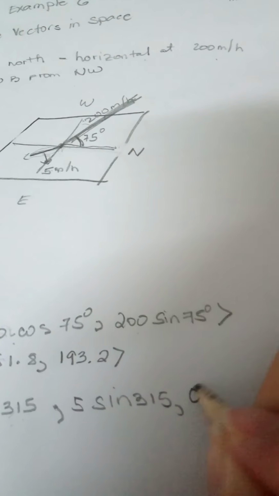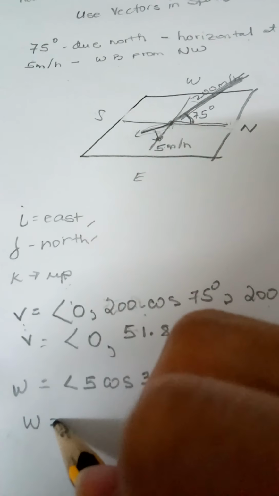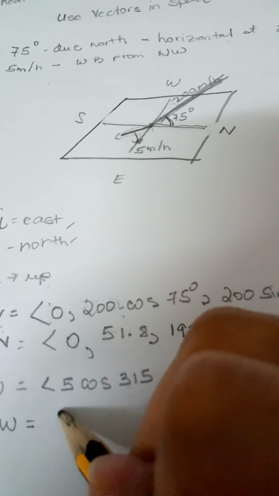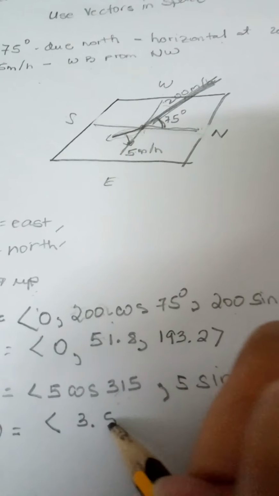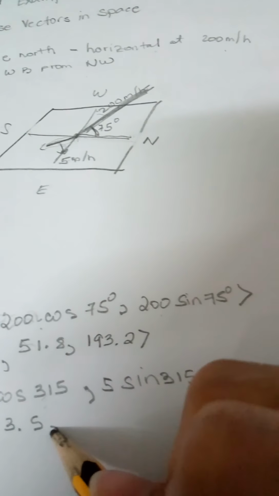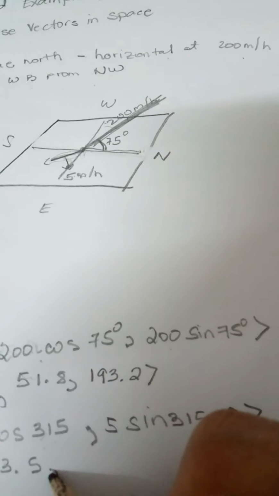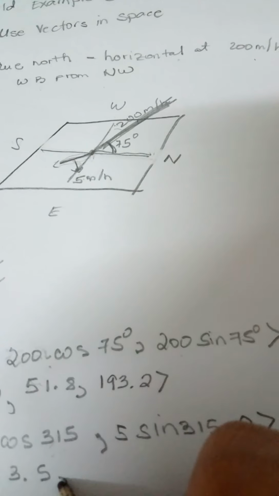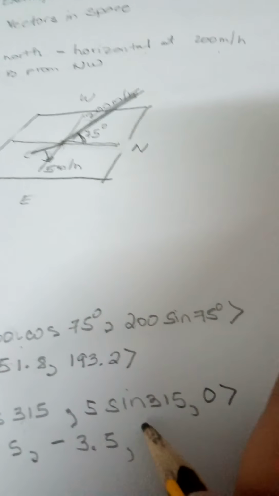This will become 0. Let us compute. W equals 5 cosine 315, which is 3.5, comma, 5 sine 315, which is negative 3.5, and then 0.